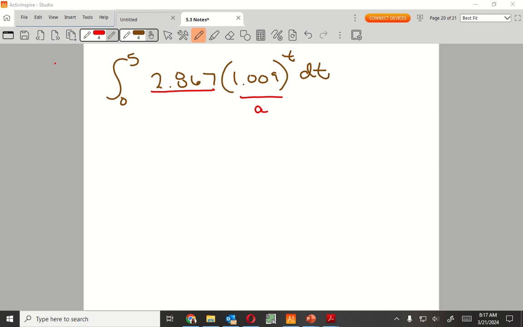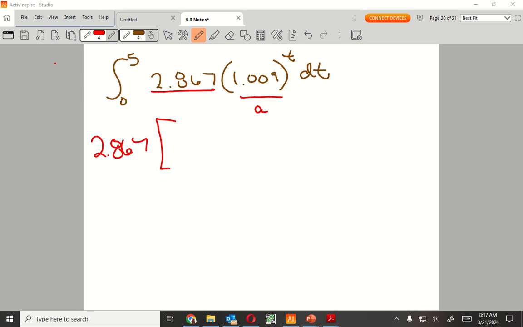That's going to be the a, and there's my t right there. So I'm going to factor out a constant multiple. Anytime I have a constant, I'm going to factor it out of my answer. It's going to make my life easier so I don't have to mess with that one.